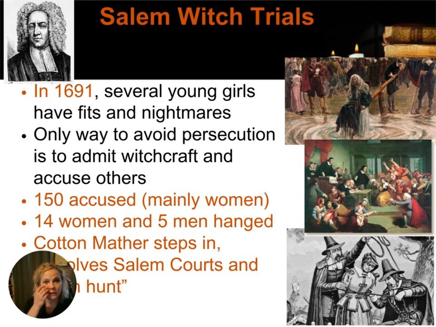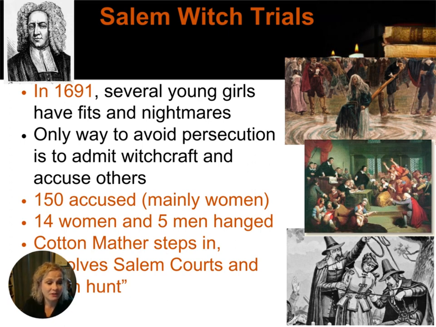And it becomes this massive deal in Salem. And in order for you not to be hanged for being a witch, you had to, number one, admit that you were a witch, and number two, blame somebody else. So you can already see where that's going, right? Of course, you're going to say, okay, I'm a witch and he did it. And so it just becomes this massive thing where a lot of people begin to accuse each other.